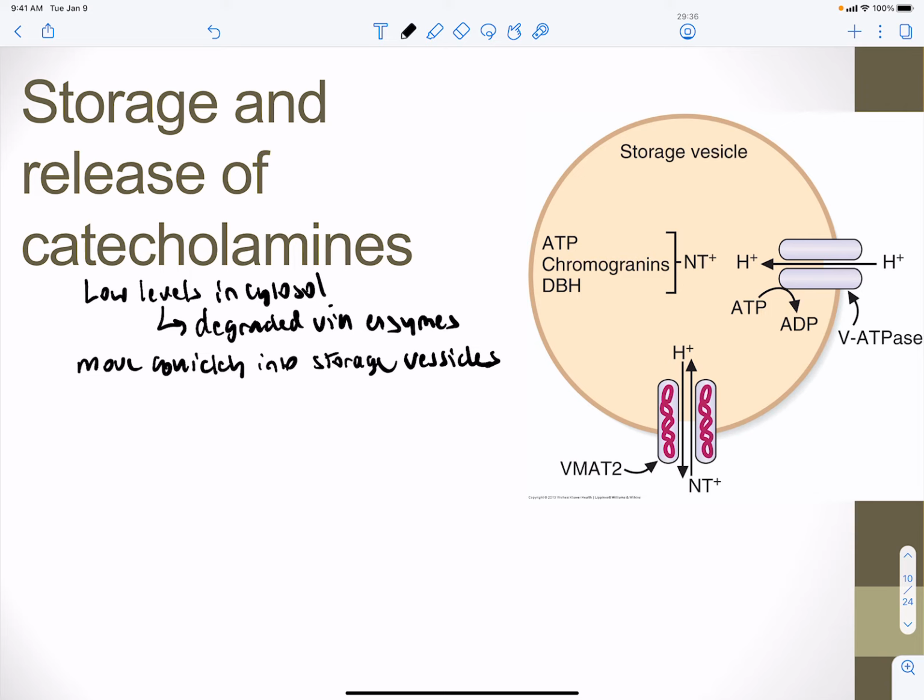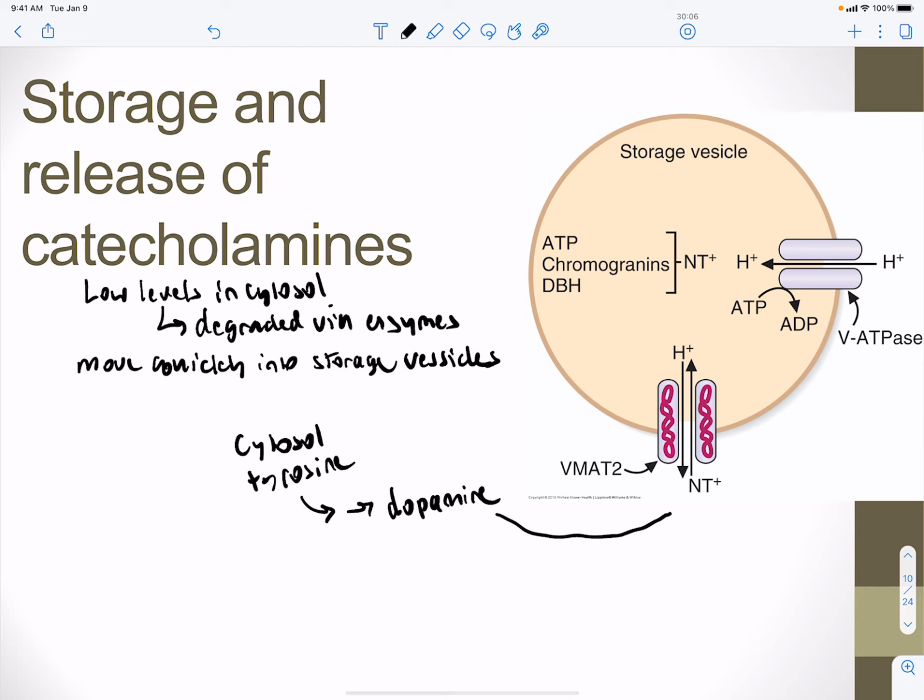For example, you have the formation of dopamine in the cytosol. And then your dopamine is going to be transported into the vesicles by your VMAT, vesicle monoamine transporter 2.